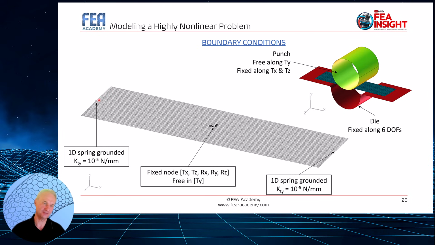So again, at the middle of this edge and at the middle of this edge, I have small 1D springs, which are grounded with very small stiffness. Okay, so the objective is to stabilize the model during the spring back.